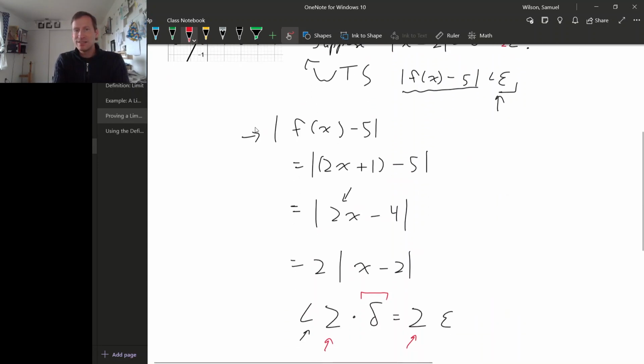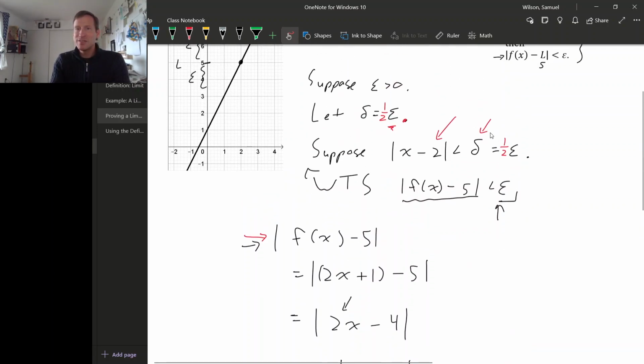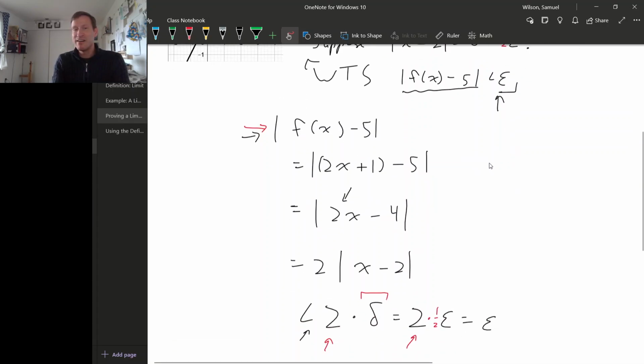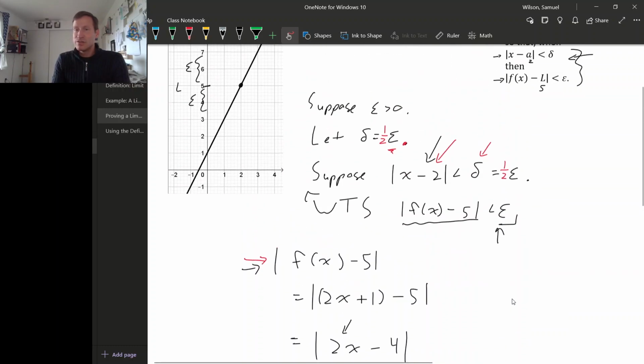Now let's calculate the absolute value of f of x minus 5. This whole calculation works the same way, except now when we plug in our function for delta, there's a 1/2 that cancels the 2, and so we get epsilon. So we found that if the absolute value of x minus 2 is less than 1/2 epsilon, then the absolute value of f of x minus 5 is less than epsilon.